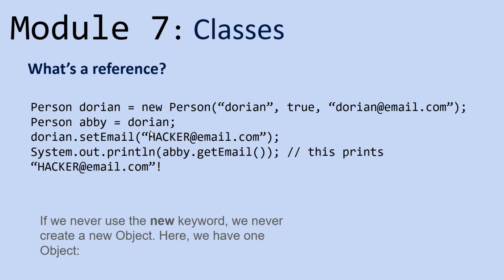And then when we set Abby equal to Dorian, it's not making a copy of the Dorian object. Abby is just going to be referencing the location of the Dorian object in your computer. And so anything you do to the Dorian object is also going to be done to the Abby variable. Because again, Abby is just referencing the Dorian object.